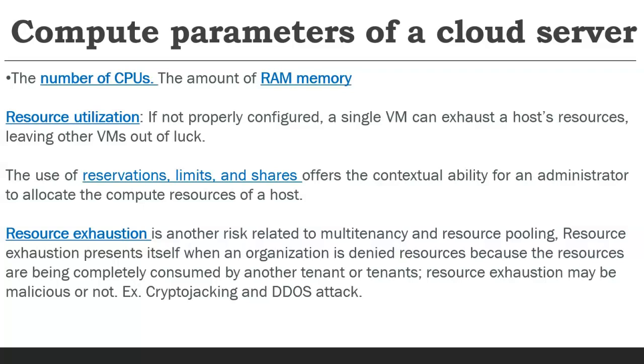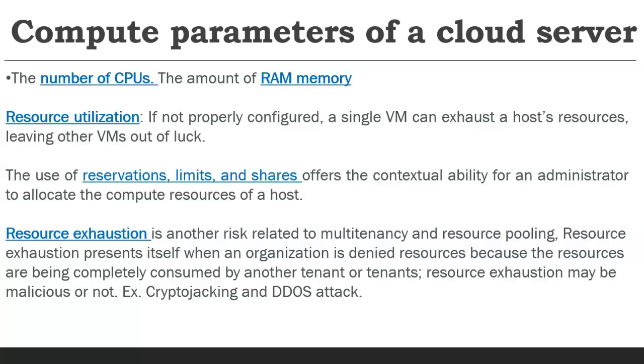So your CPU can be used for crypto mining, and it will keep adding CPUs and other resources. Not only will it increase your billing, it may also create a situation where other VMs cannot get the required CPU if they need it for auto scaling. The same goes for denial of service attacks, where DDoS is a distributed denial of service attack, when from multiple sources they hit the website or application and make it slow.